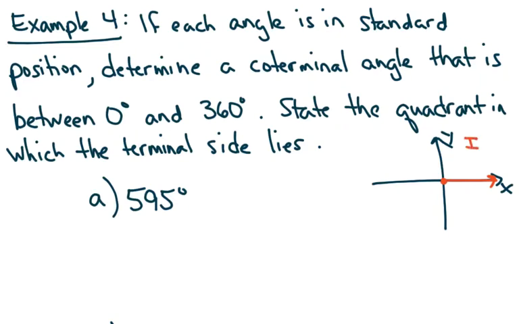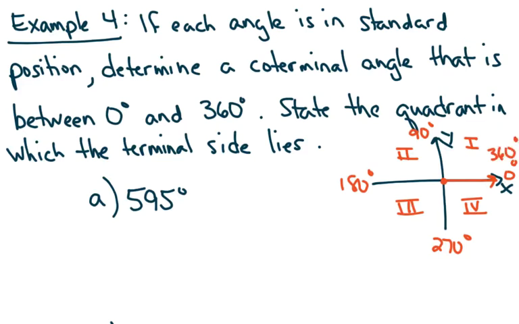Then quadrant 1 are all the angles between 0 and 90. Quadrant 2 will be all the angles between 90 and 180. Quadrant 3 will be all the angles between 180 and 270. And quadrant 4 will be all the angles between 270 and 360.